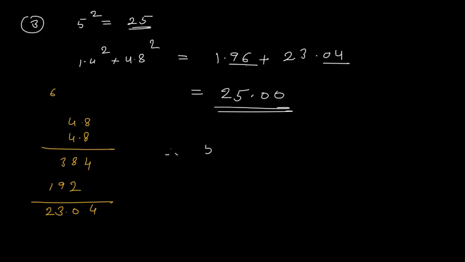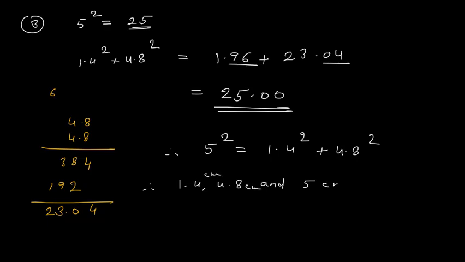So therefore I will say that 5 square is equal to 1.4 square plus 4.8 square. So therefore, 1.4, 4.8 and 5 are all in centimeter, so write their unit also. 1.4 centimeter, 4.8 centimeter and 5 centimeter are sides of a right angle triangle.